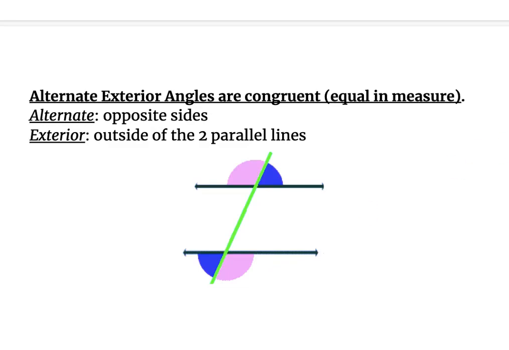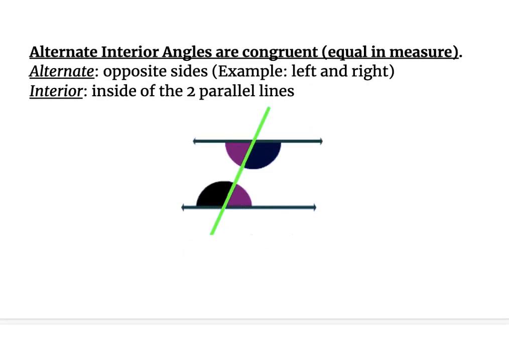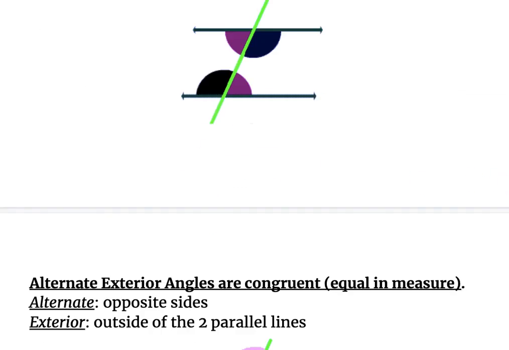All of these are equal in measure even though they're in different locations because of rigid transformations. Similarly, for the alternate interior, the burgundy would just rotate or flip to the vertical angle position and then just translate down, and it would be the same exact measurement.